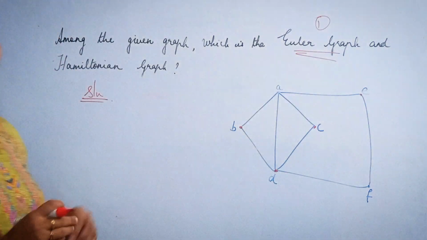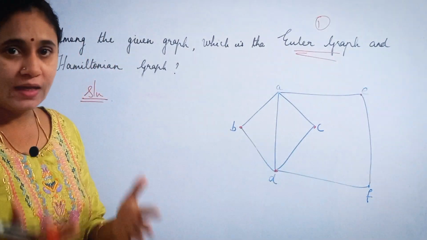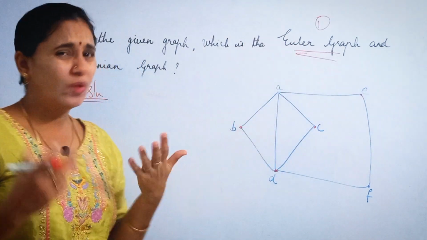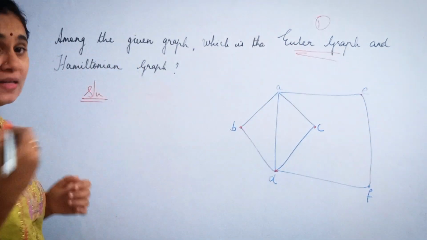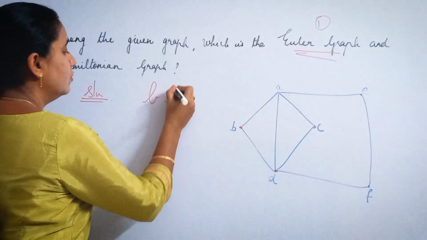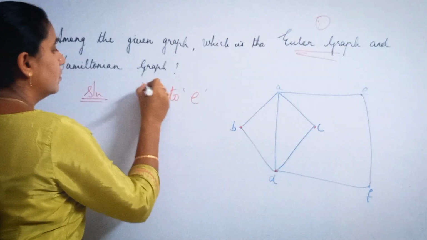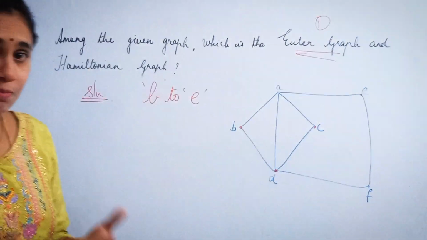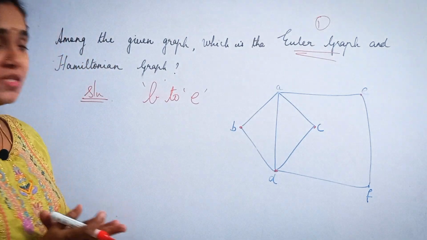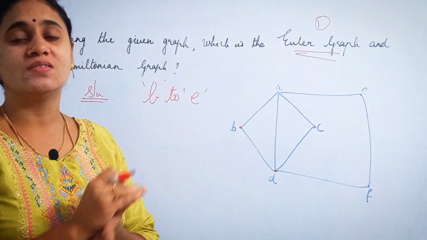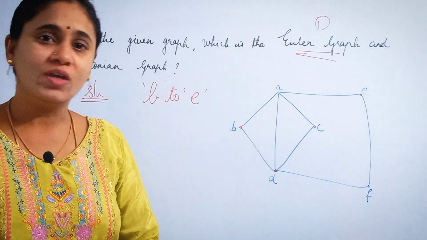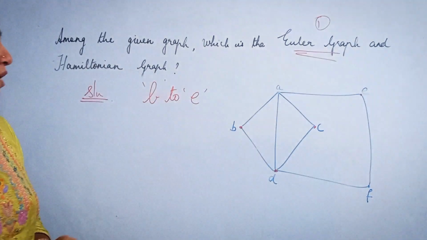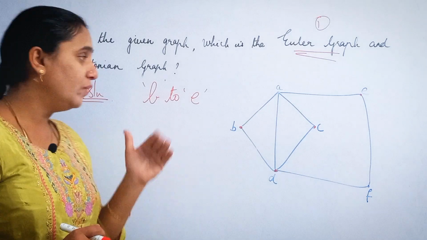For example, let me take the source as B and the destination as E. I just want to travel from B to E. How can I do it in a Hamiltonian graph? What is a Hamiltonian graph? As I told you, you must visit all the vertices without leaving anyone. So we must use that condition in order to reach from B to E. Now we shall see how we can do it.